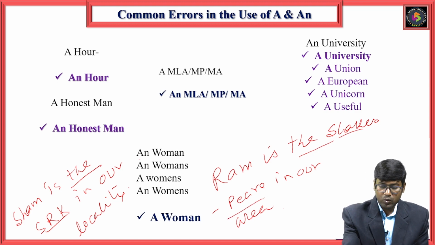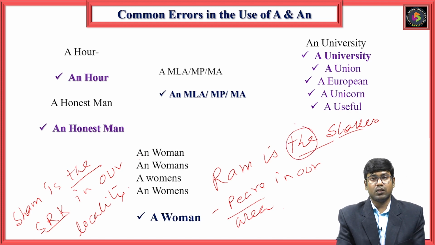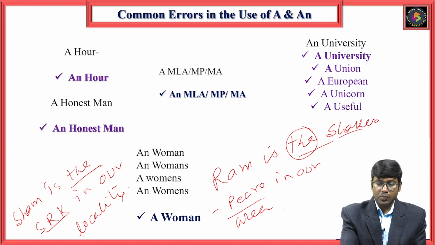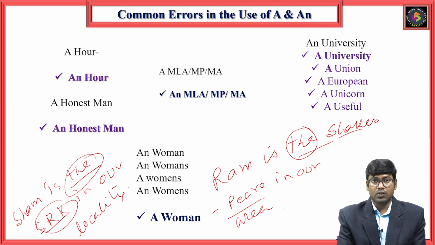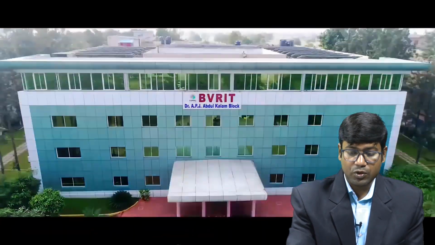Shakespeare is actually a proper noun, but I am using the to make it a special genre, and here you are attributing to that specific person the quality that person has. So all those are exceptions.